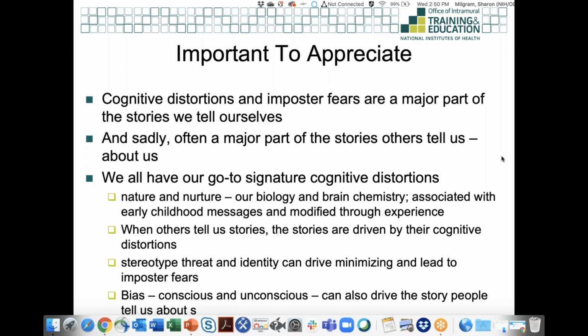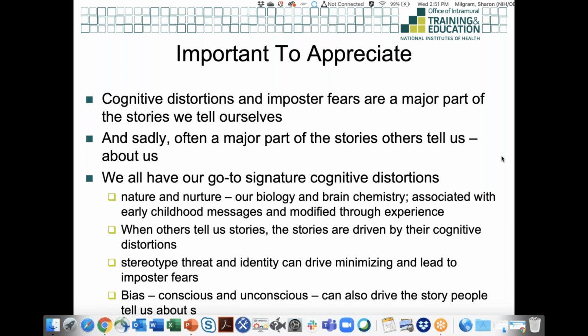And if stereotype threat comes into play around some of our identities, that can really drive minimizing, and that drives imposter fears. So we have sort of a double whammy there of we're new, we're learning, there's all kinds of reasons to feel like we don't belong, and then stereotype threat sort of piles on.